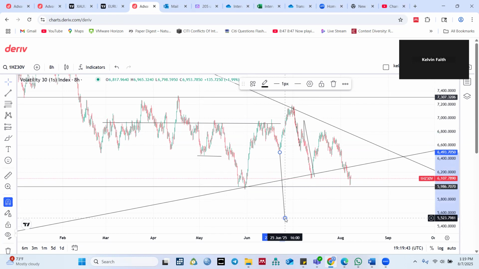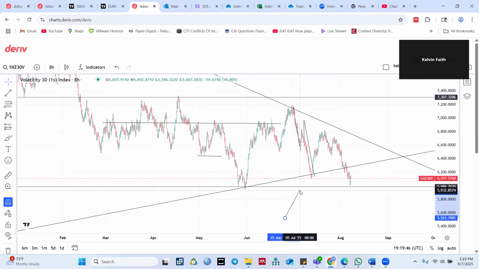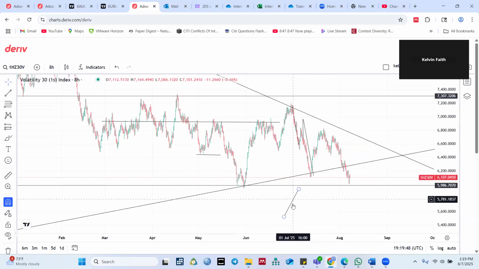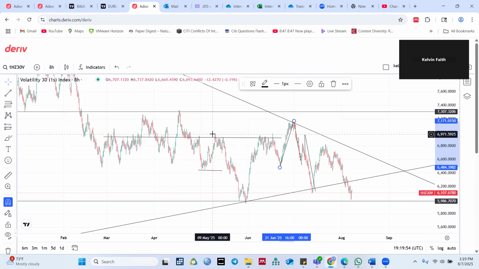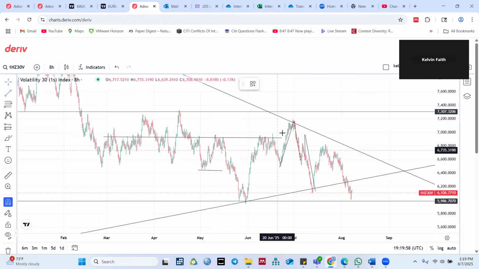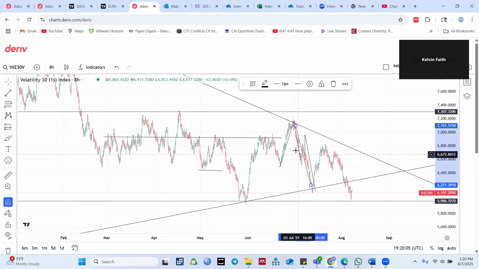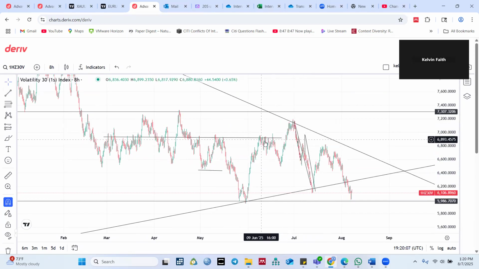But in a real-life situation, it might come up and take out that high. And then once it takes out that high, it will give us a move to the downside. That is what we call price using this area as liquidity.